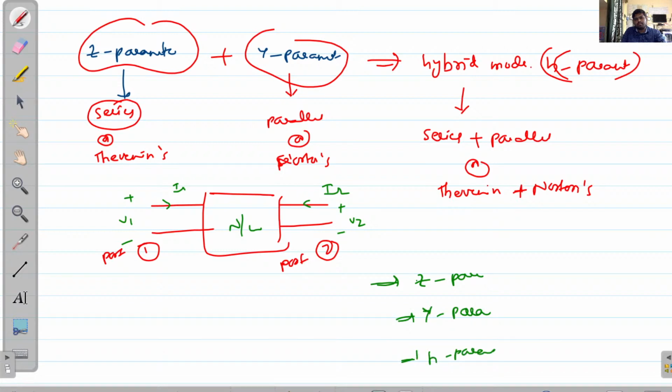Port 1 has a series network and port 2 also has a series network. That means when both ports have series networks, the simplest way to find out that particular network is with the help of Z parameters.